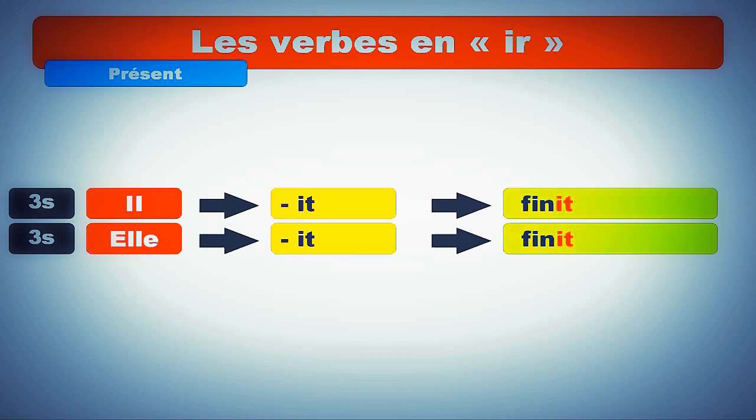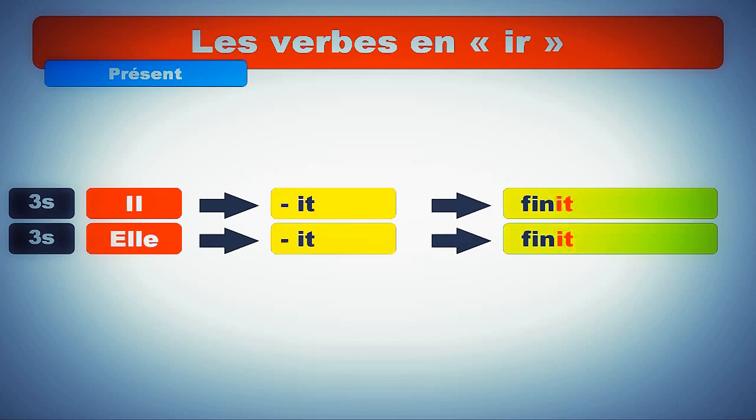Repeat. Il finit. And then elle finit. Repeat. Elle finit. So you can see that for je, tu, il, and elle, it's actually the same form you pronounce, but you write them differently. For je, it's S, tu, S, il, elle, T.